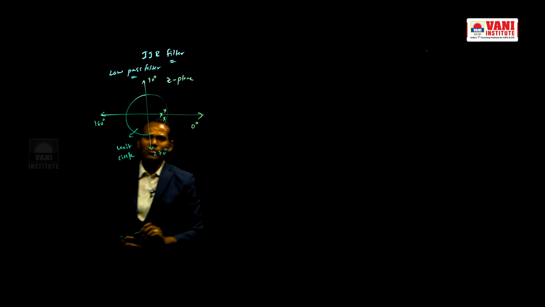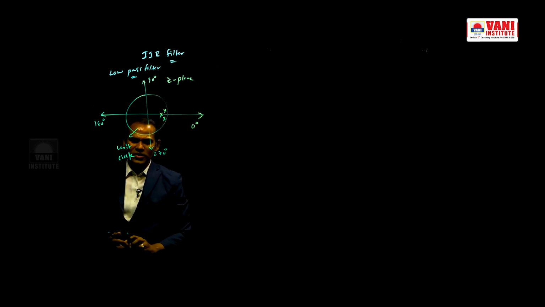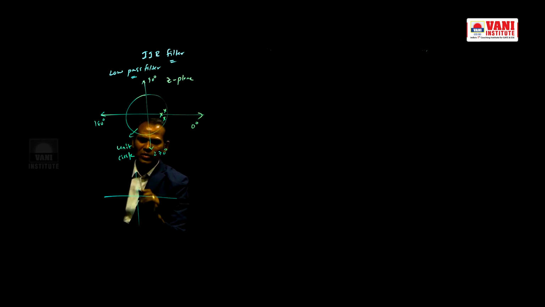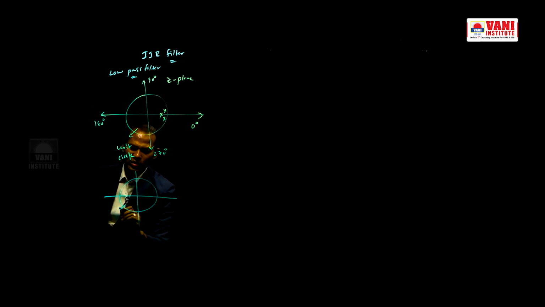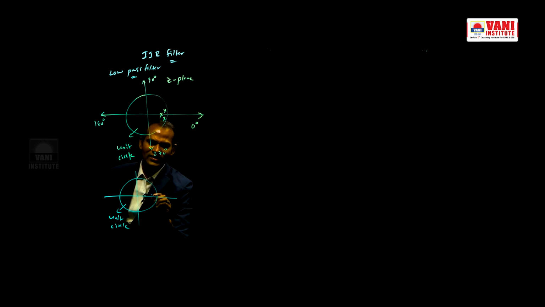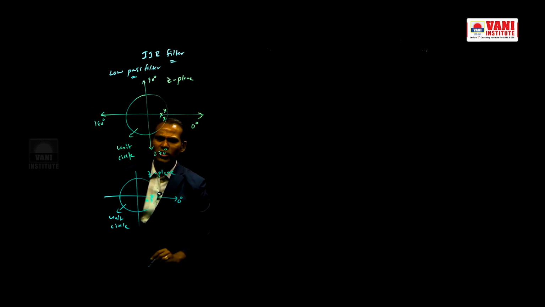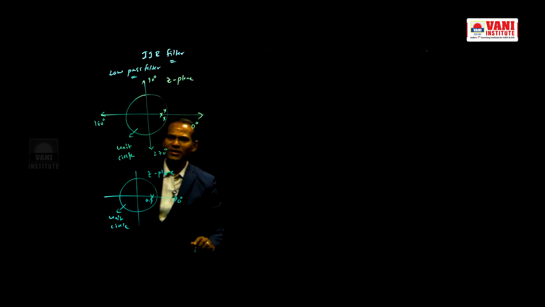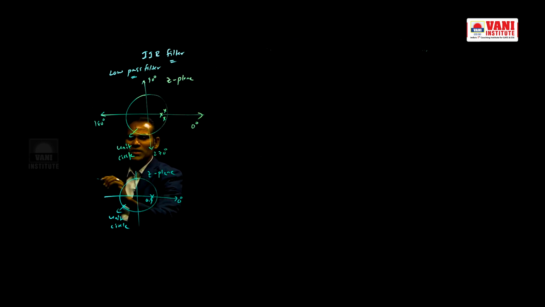Let us take one example. Suppose we have a pole on the real axis around here, it is 0.9. Only one pole is there, the pole is around here. So it is a low pass filter.